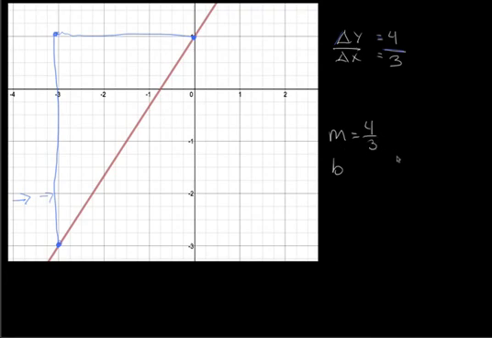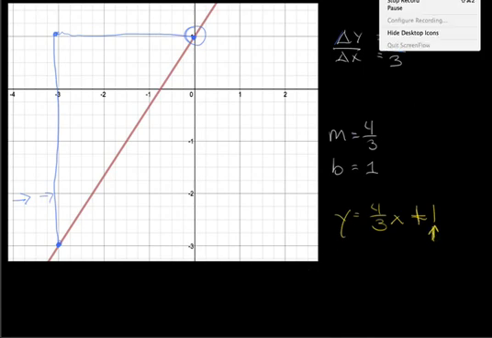Again, it's not going to simplify to a whole number, so I'm going to leave it as a fraction. And our y-intercept is +1. So our equation should look like this. Y equals 4/3 x plus 1. And we're going to say it is not proportionate because it has a y-intercept right there. Not proportionate. All right, people, that's it. That's how we can make an equation from a line.